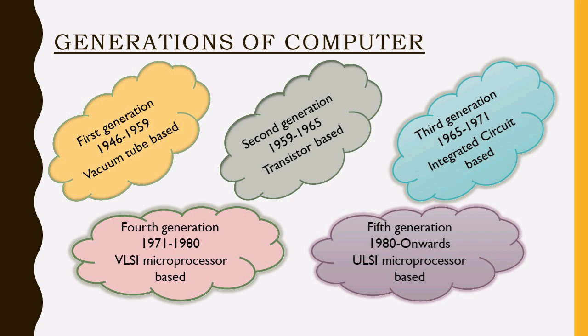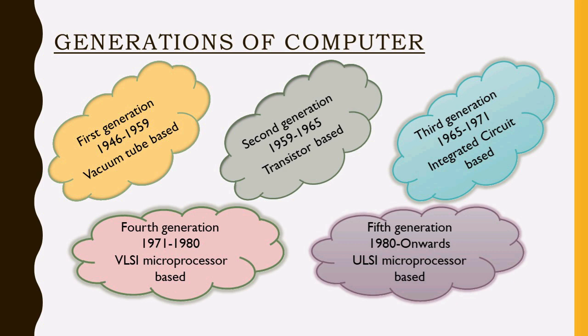The first generation computer was mainly developed between 1946 and 1959. They used vacuum tube based technology. Then comes the transistor based technology, and this is called the second generation of computer.